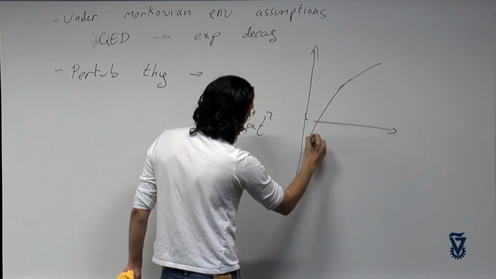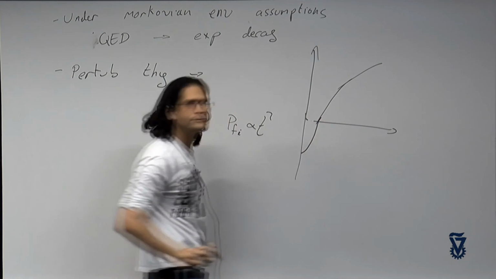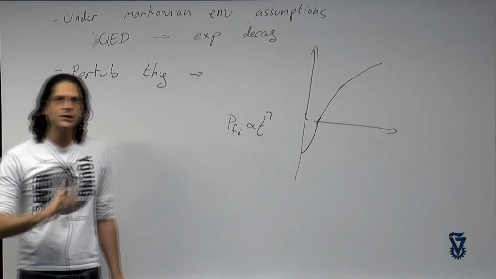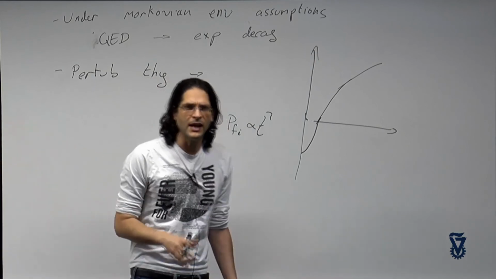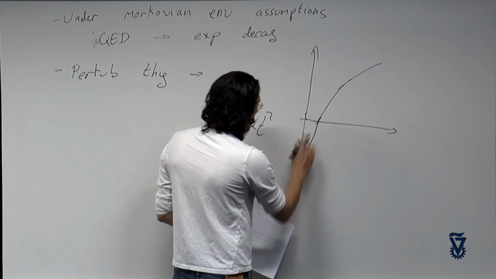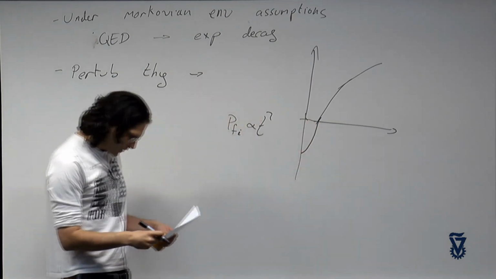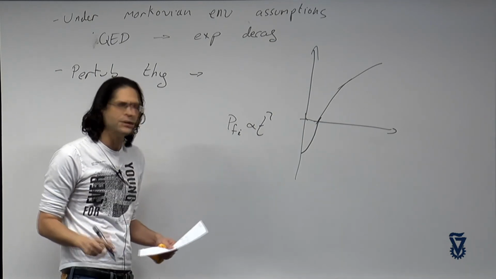So at very short times, this does not look exponential, it looks something like this. Now this is hard to see in many systems, definitely in a system like NMR, where everything is very weak. But real systems will have this region where the decay is not exponential.